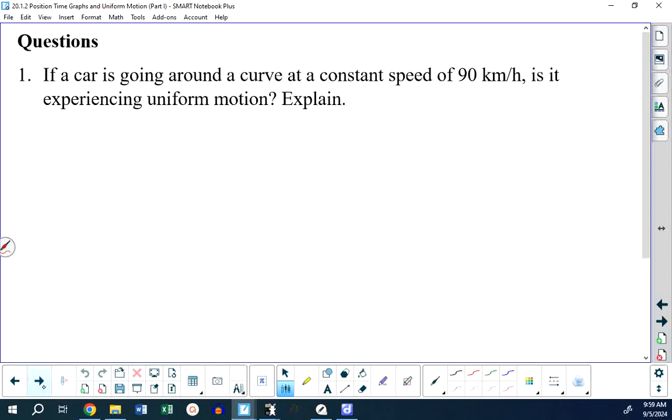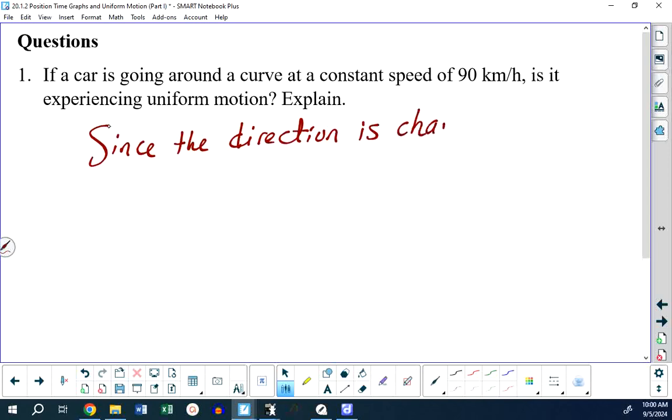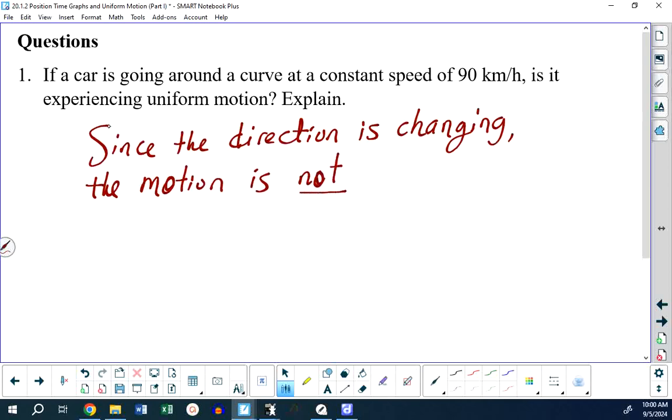Okay, so if a car is going around a curve at a constant speed of 90 kilometers per hour, perfectly constant, is it experiencing uniform motion? Well, no, because it's going around a curve. Since the direction changes, the motion is not uniform.